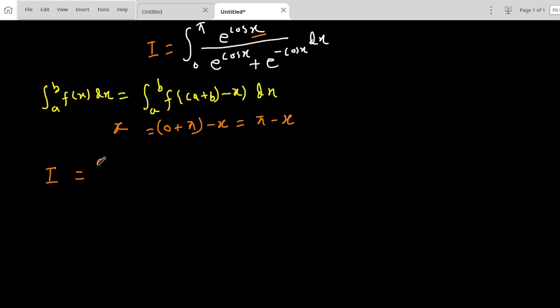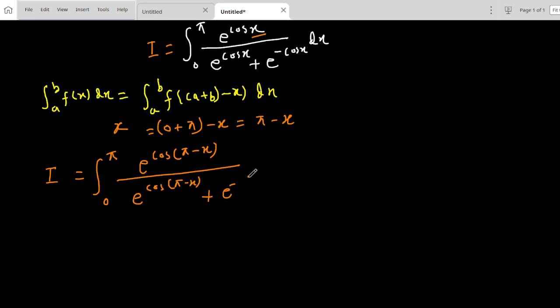I is equal to the integration, the limits will be as they are as per the rule, and x will be replaced with pi minus x: e to the power cos(pi minus x) over e to the power cos(pi minus x) plus e to the power minus cos(pi minus x) dx. Here another thing which we know is that cos(pi minus x) is equal to minus cos x. So we are going to use this.